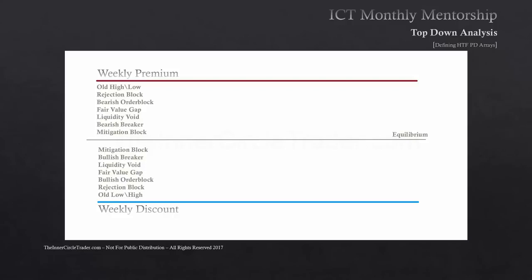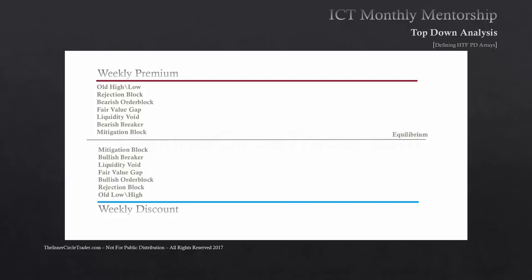If there is no fair value gap or a void, price could just simply trade right up into the bearish order block. And if there is an idea that suggests that there's possibly not a strong bearish order block there, we would look for a rejection block, which is a move above the candle's bodies if there's long wicks that top that market, and then ultimately a run above the old high or a return to a historical low.